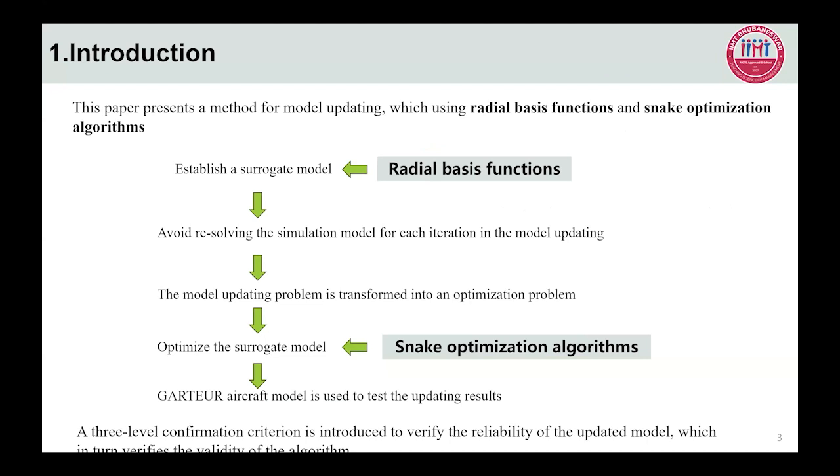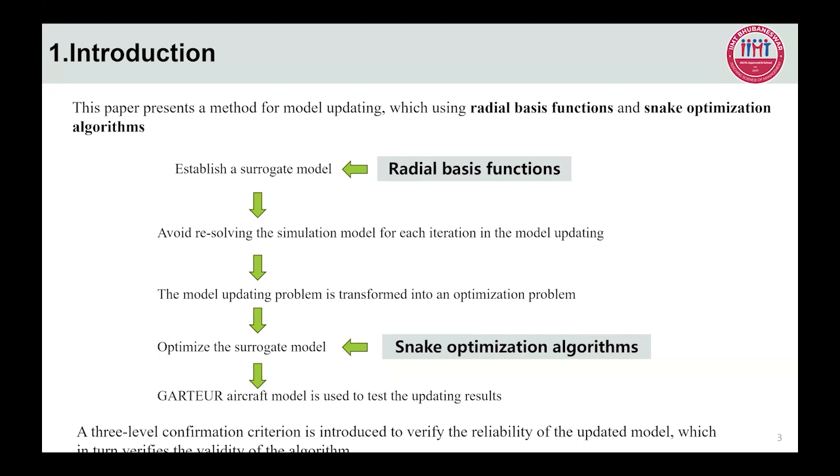This paper presents a method for model updating, using radial basis functions and snake optimization algorithms. The radial basis function is used to establish a surrogate model to avoid resolving the simulation model for each iteration in the model updating. And the model updating problem is transformed into an optimization problem.